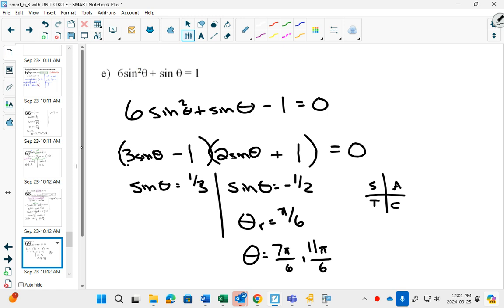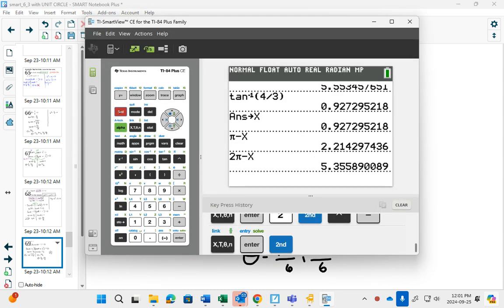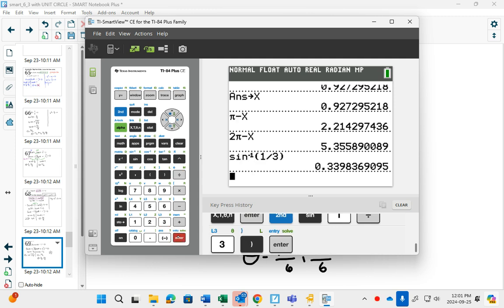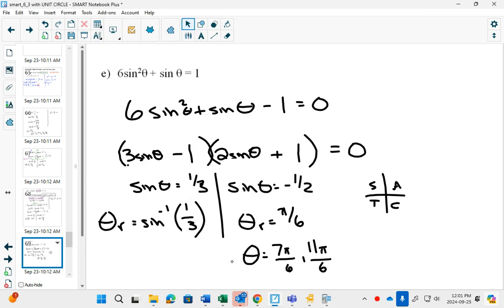But the other side, 1/3, is not a y-coordinate on your unit circle. So we find our reference angle by doing sine inverse on our calculator of 1/3. I get 0.34, which is again useless in my head. So our reference angle is 0.34, and it keeps on going.